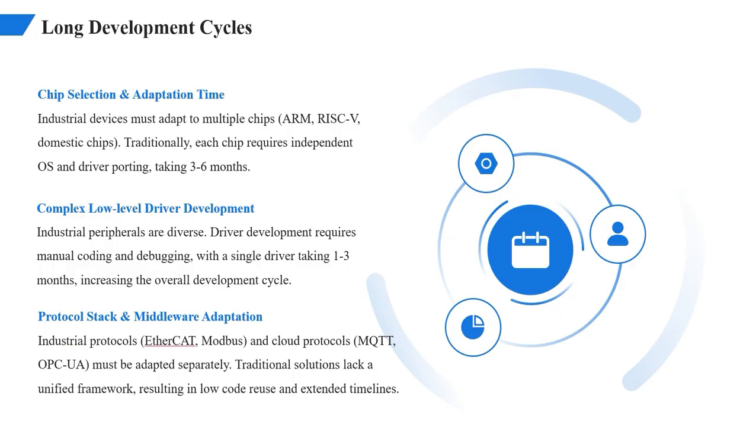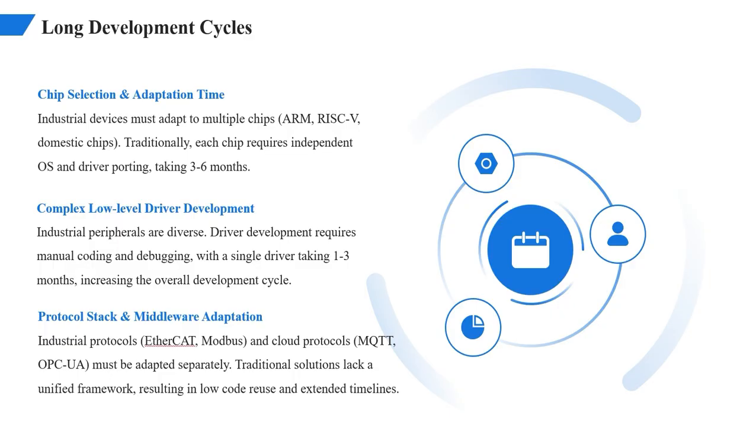And the second is that low-level driver development is complex. Industrial peripherals are numerous and diverse. Driver development requires hand-coding and extensive debugging. This debugging takes 1 to 3 months to complete. This adds significantly to the overall timeline. And the third is that protocol stack and middleware adaptation is tedious.